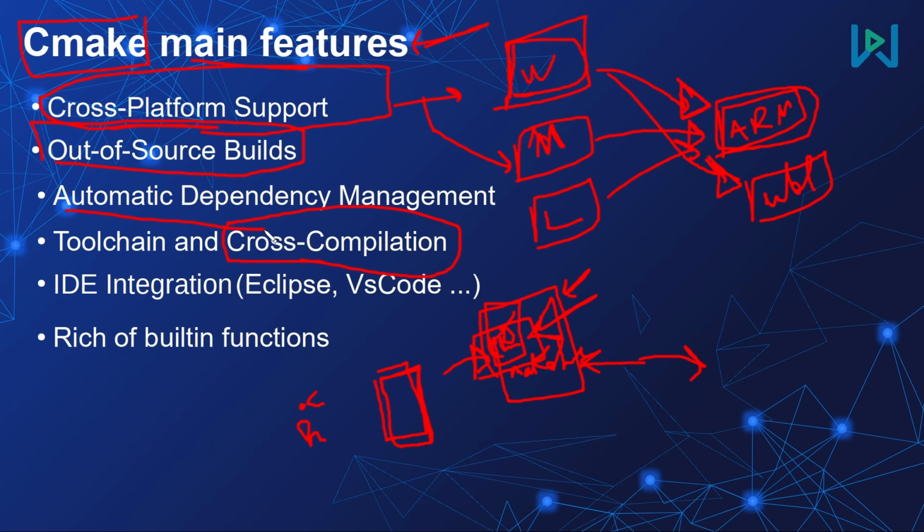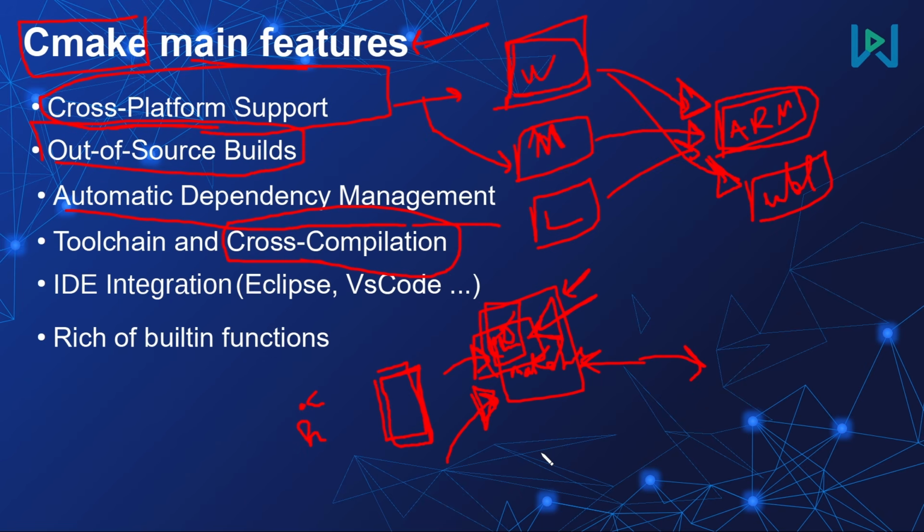It has automatic dependencies management. This means once CMake is generating the different backend makefiles, it will handle the dependencies between the different makefile rules by itself. Hence, we don't actually need to create those rules and manage the dependencies between them.